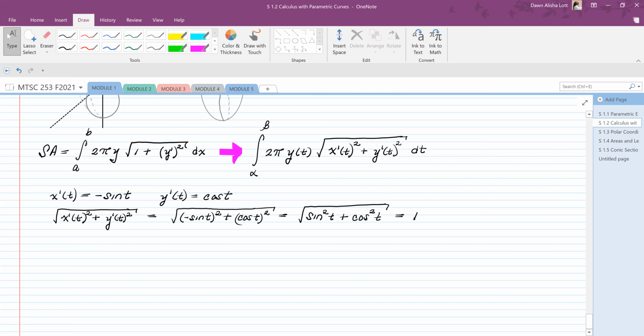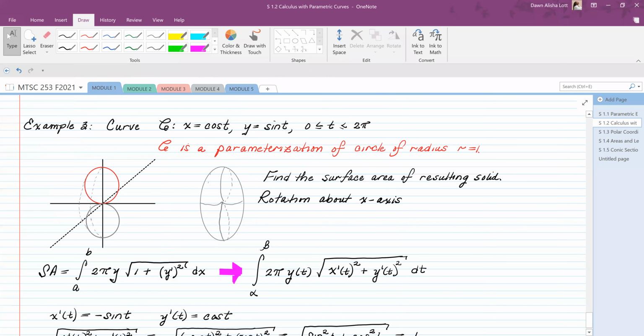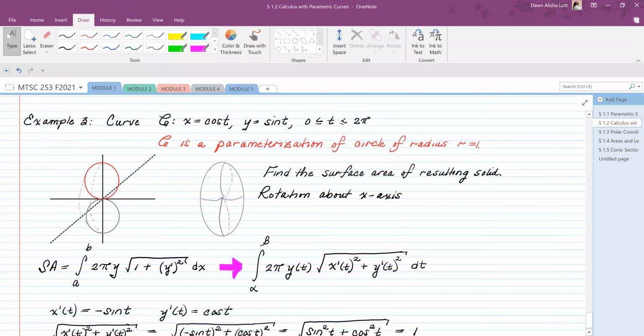Uh-oh, I made a mistake. I'm sorry, guys, reading my notes. y is not sine t. y has to be 1 plus sine t. Otherwise, it would be centered at the origin. I want this thing centered up top here, not at the origin. So this is 1 plus sine t.